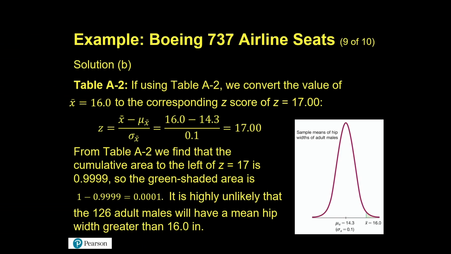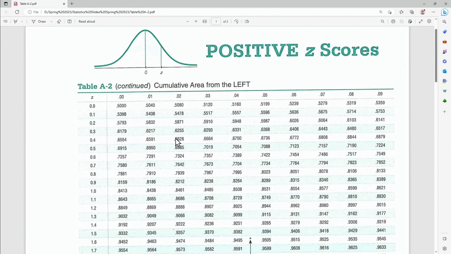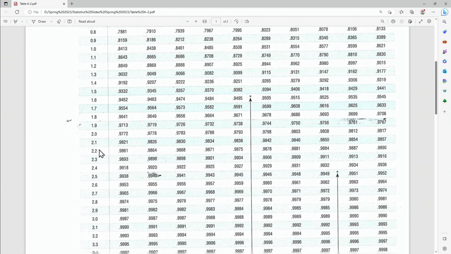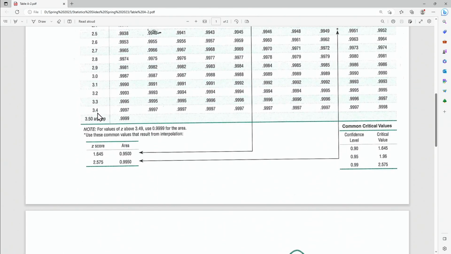Okay, so in table A2, whether you're using their value of 17.00 or my value of 21.20, you're going to notice that on the left side where it says z, the positive z-scores don't even go above 3.50. It says 3.50 and up, then they want us to use 0.9999.